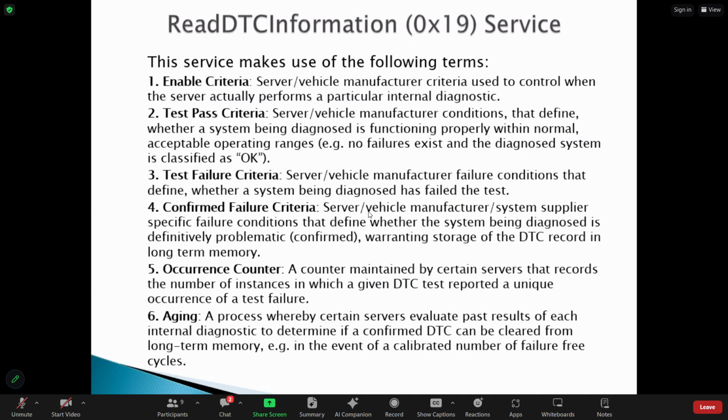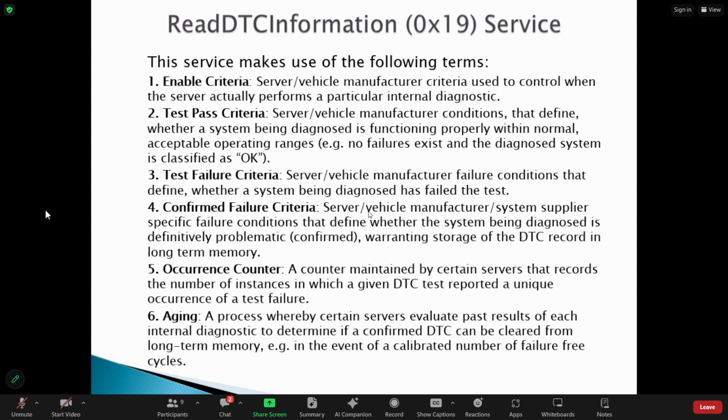Okay, we'll go next. So these are the important terms. One point is enable criteria. So what do you mean by enable criteria? Server or vehicle manufacturer criteria used to control when the server actually performs a particular internal diagnostic.